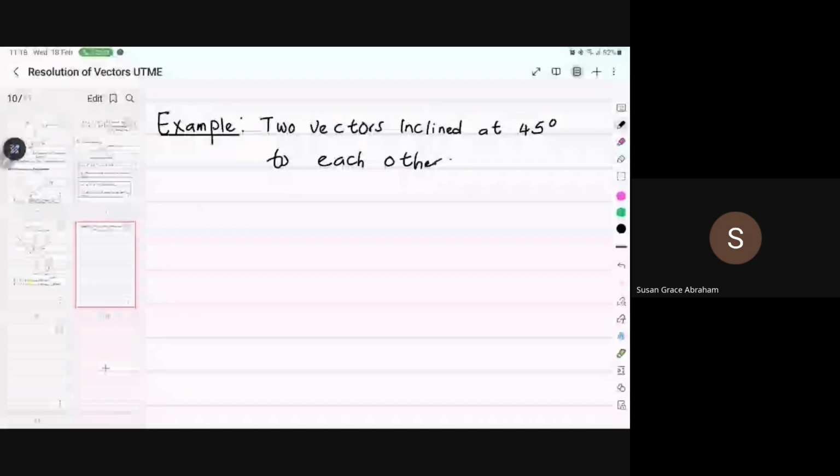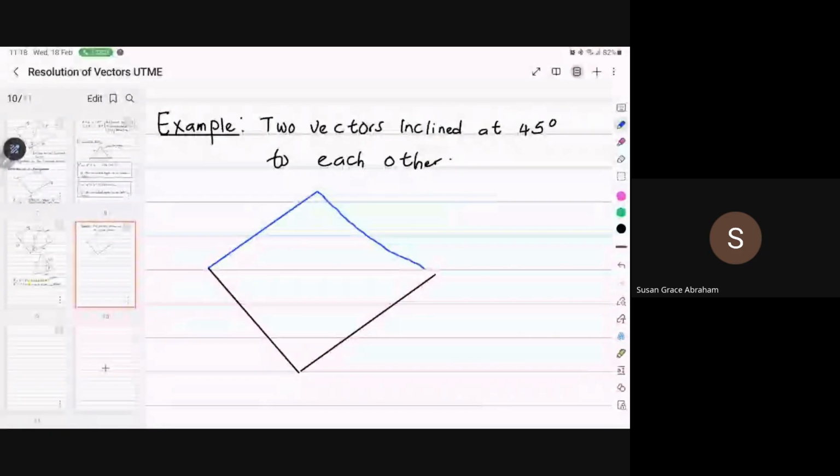Now, let's have the first vector this way. Let's have the second vector this way. Now, remember that we can complete it as always, right? We can complete it this way, and let's have this way. Yeah, this one is better.